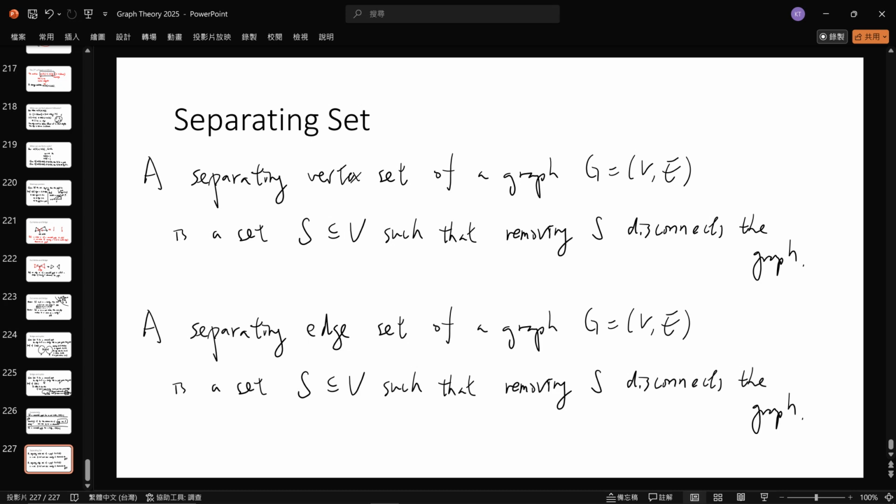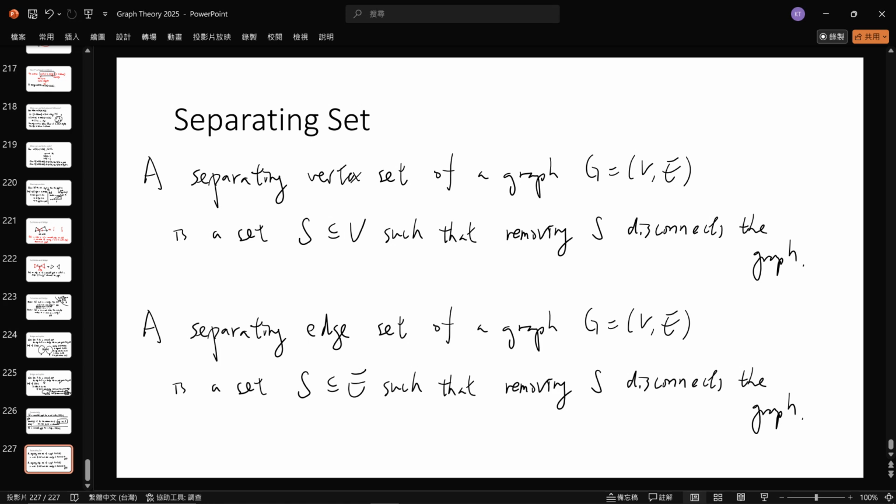So we also have a separating edge set. Okay, so after introducing these two sets, we can also redefine connectivity.